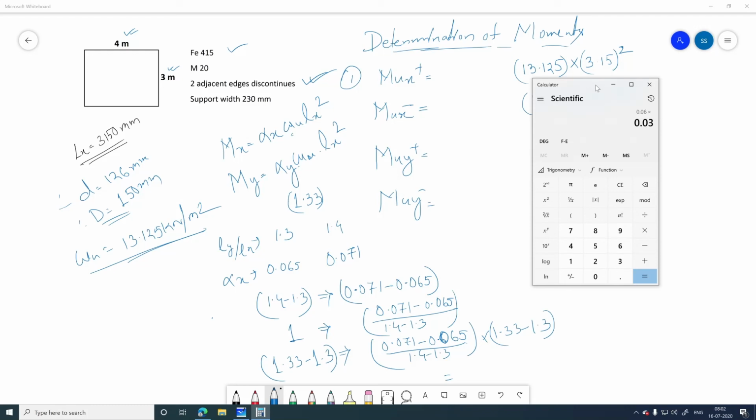So yeah, the value that we get is 0.0018.